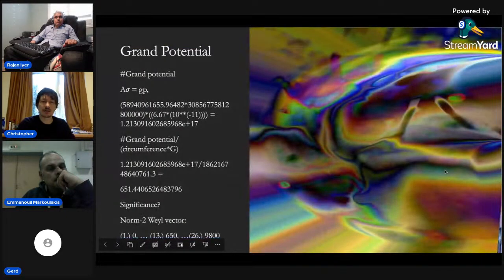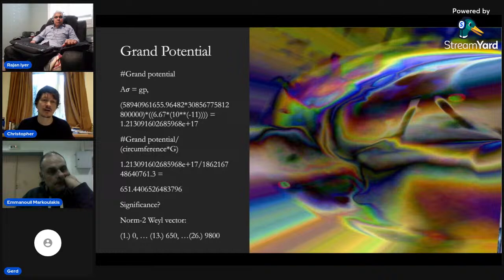So another physical property that we can look at, in terms of fluids and surface tension, is something called the grand potential. Here we have the surface area of the hypersphere times the surface tension equals the grand potential.